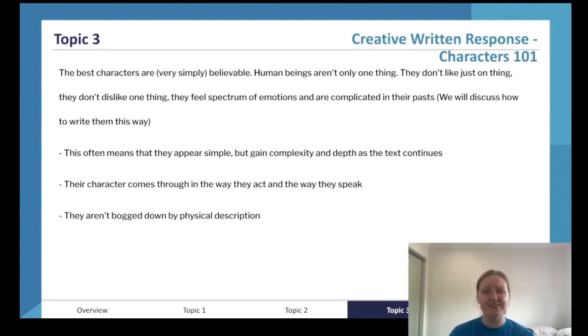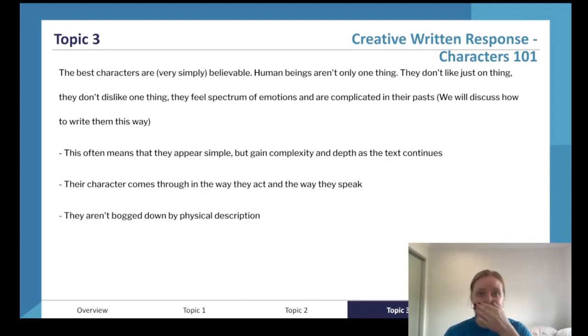They also have complicated pasts. They come from a whole range of diverse backgrounds, and humans are wholly unique as well. So this often means that characters within short stories in particular often appear simple, but then through the course of the story, they become more complex and more unique as we learn more about them.